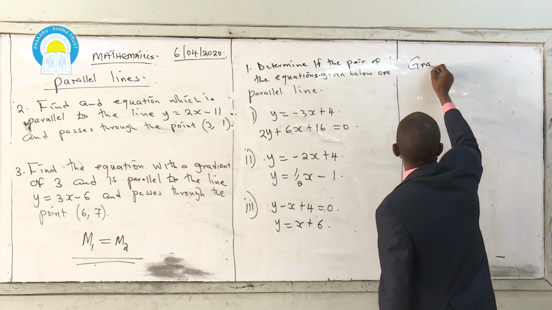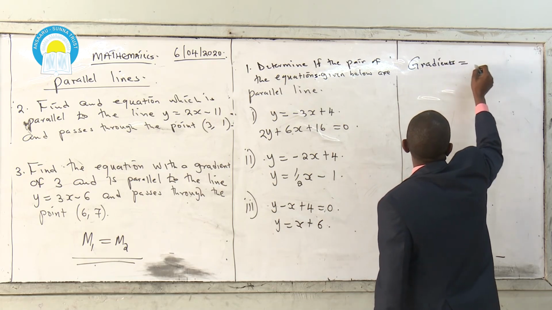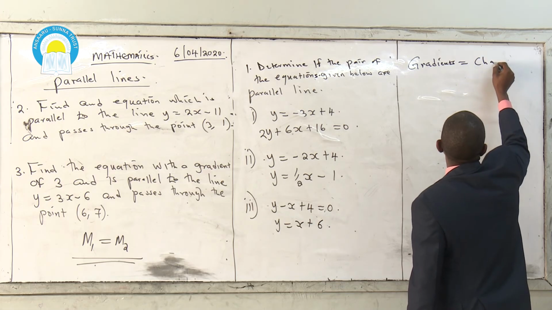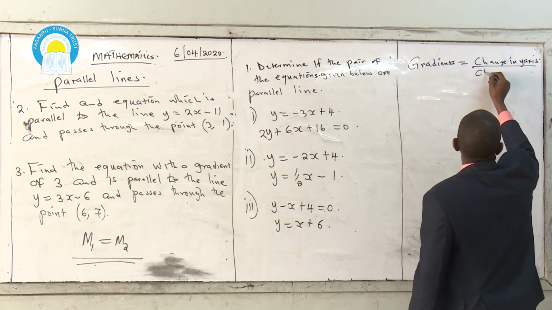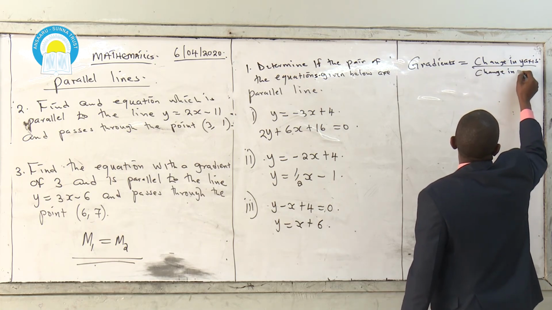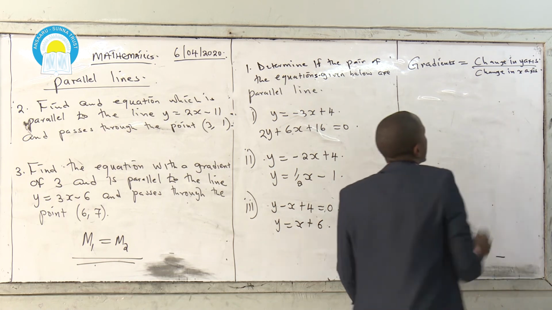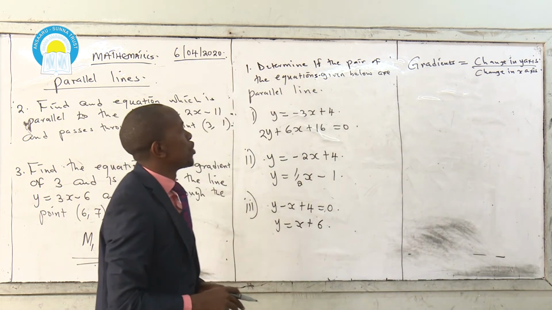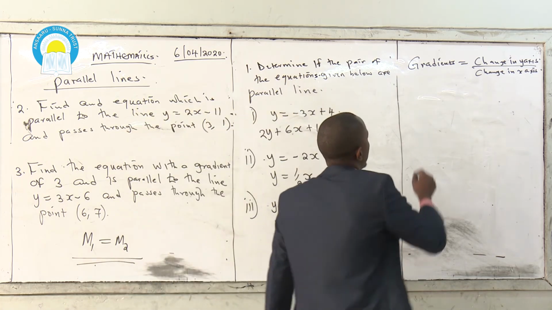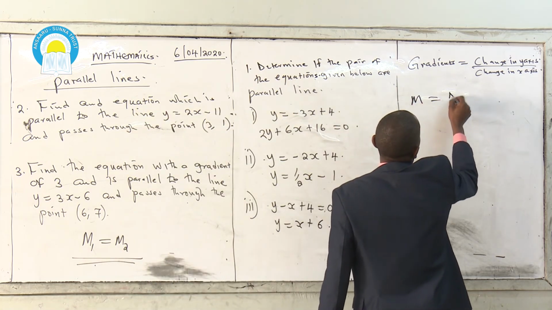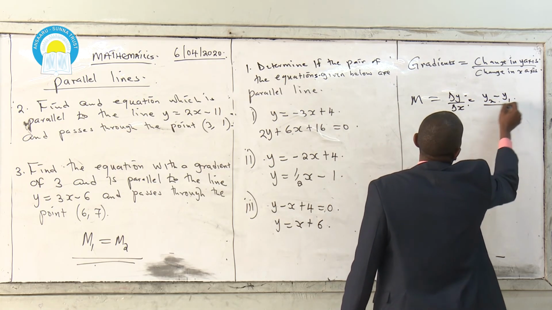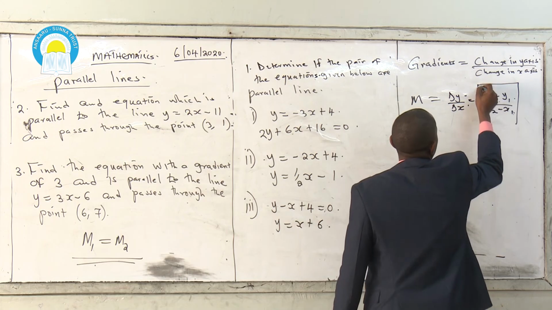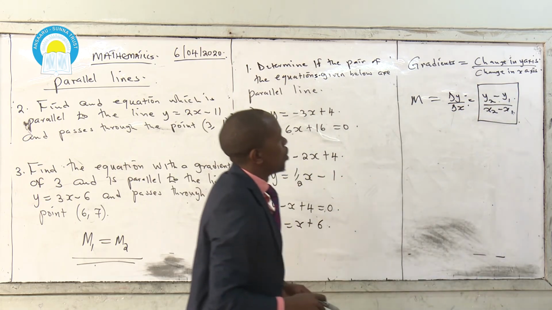Gradient is equal to change in y-axis over change in x-axis, where m is change in y over change in x, which is y2 minus y1 over x2 minus x1.